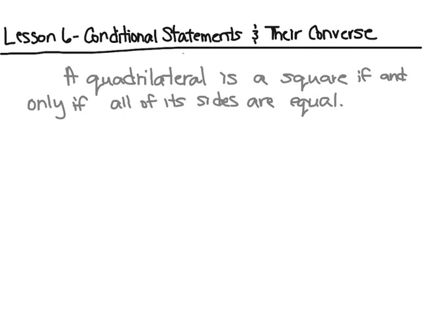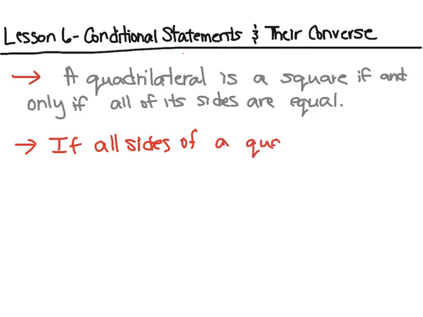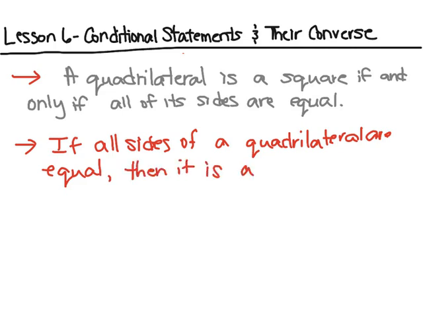And for our last example, a quadrilateral is a square if and only if all of its sides are equal. So we want to see if it's biconditional, so this is our conditional statement. Our converse would be, if all sides of a quadrilateral are equal, then it is a square.